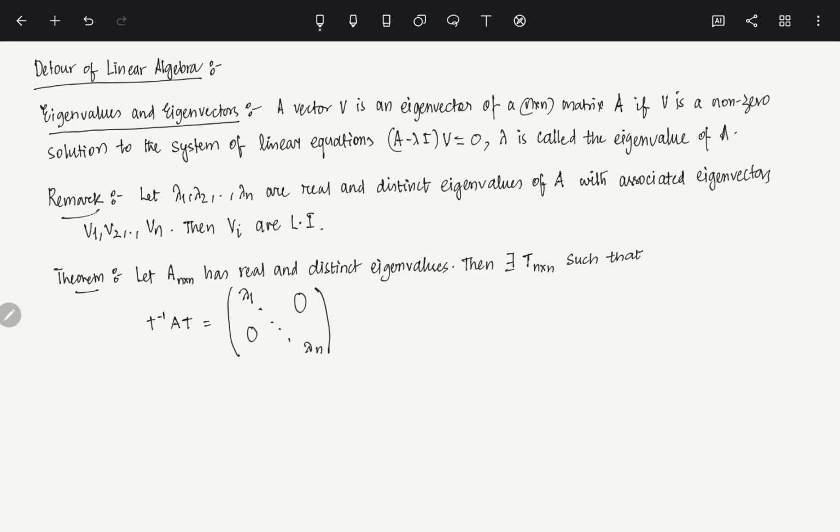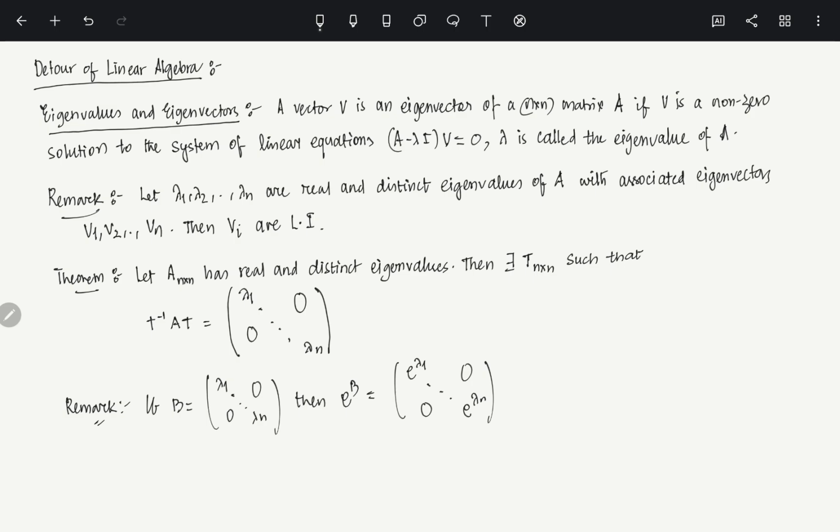As a remark, if a matrix B is diagonal with entries lambda 1, ..., lambda n and 0 elsewhere, then it is easy to say that exponential B is diagonal with entries e to the power lambda 1, ..., e to the power lambda n, and 0 elsewhere.